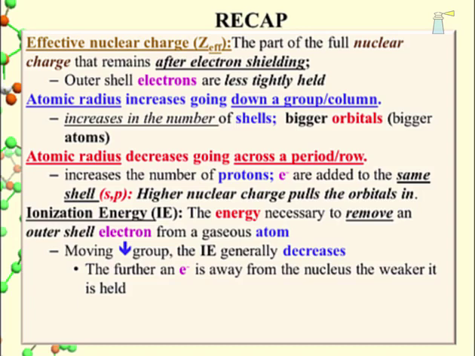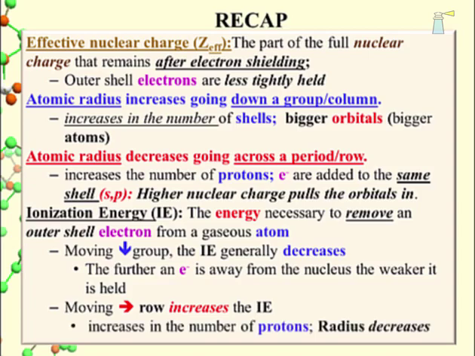Think lower effective nuclear charge. Bottom line, less energy needed to remove it. Moving across a row increases the IE. Moving across increases the number of protons, resulting in a decreasing radius, and the closer an electron is to the nucleus, the tighter it is held. More energy is needed to remove it.